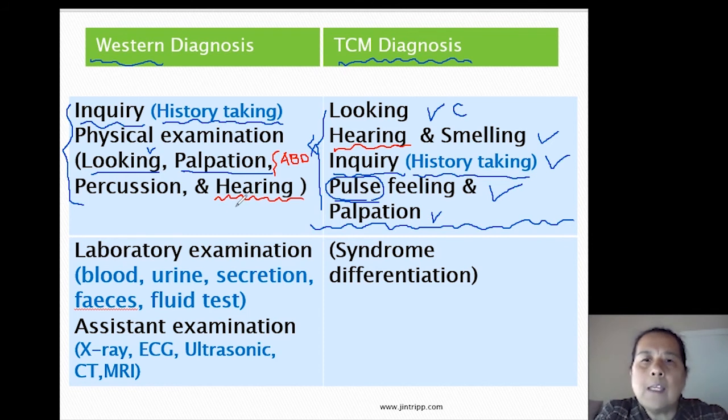So that's hearing. We need a special kind of stethoscope. I believe everybody is familiar with it. It mostly looks like this kind of shape. The stethoscope is for hearing the sounds coming from the patient.